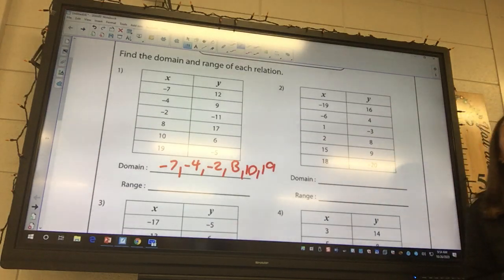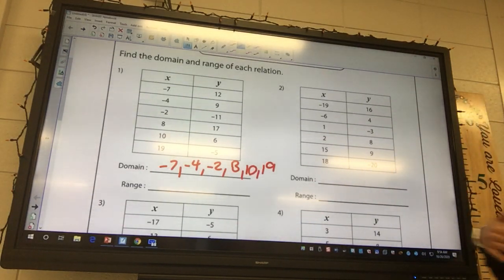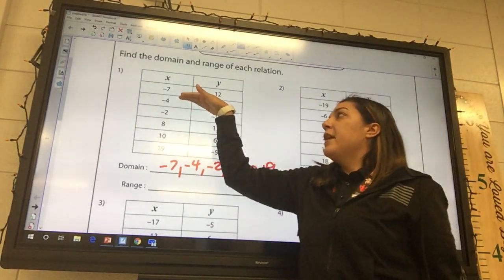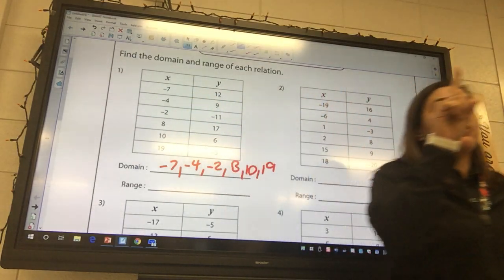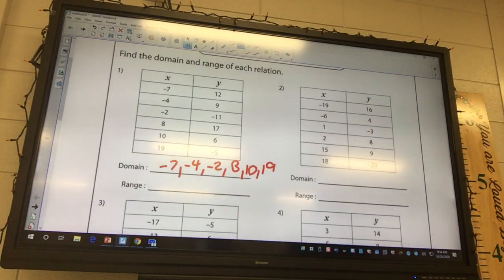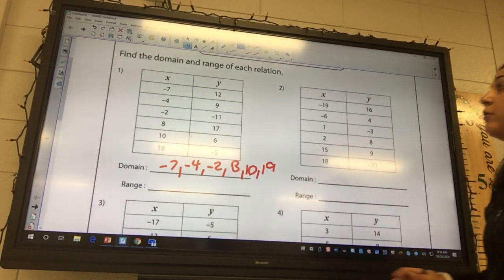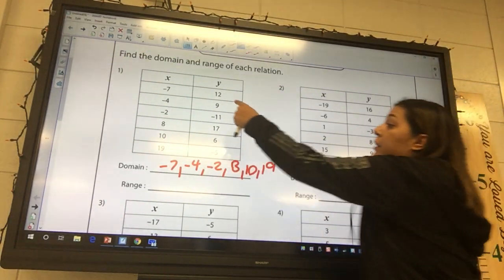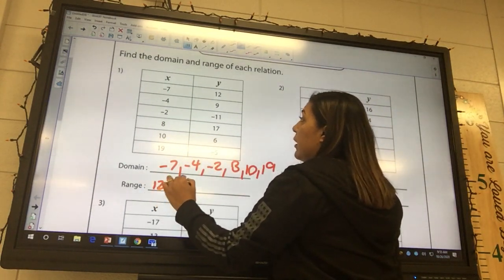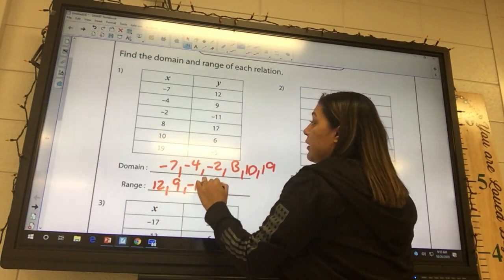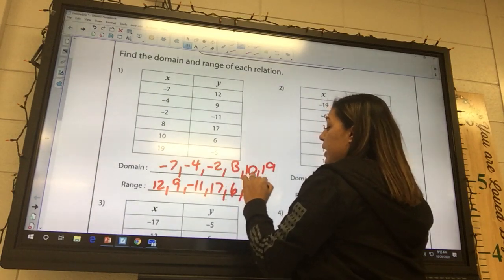It's simple as that. If they're labeled twice, like -7, -7, -7, you only need to write it once. We do not repeat numbers on the domain and range. For every number that's different, it should be on your list. So our range is going to be 12, 9, -11, 17, 6, and -5.